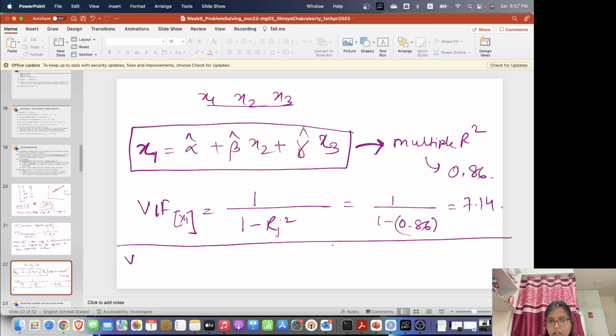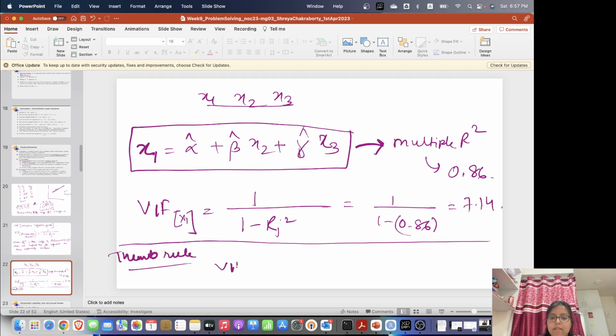The threshold, or rule of thumb, usually is that if VIF is greater than 10, then we conclude that there is multicollinearity. The VIF should be as low as possible.